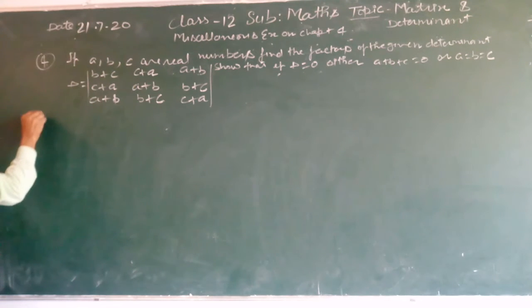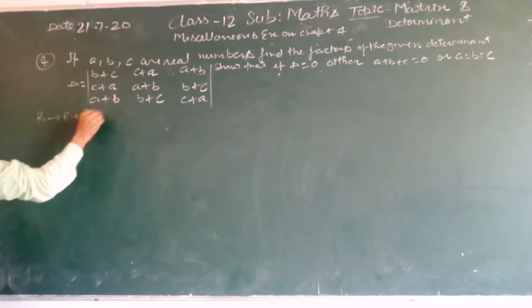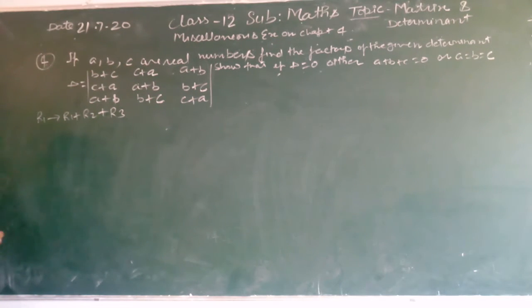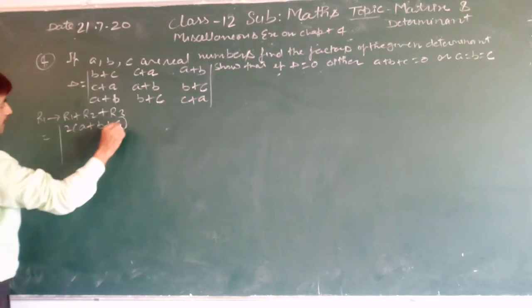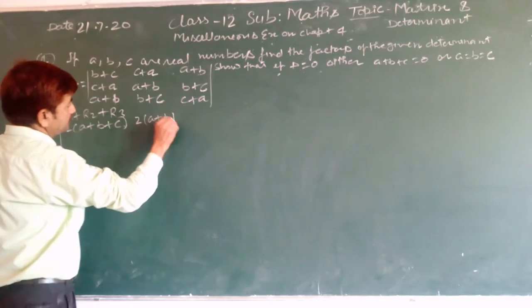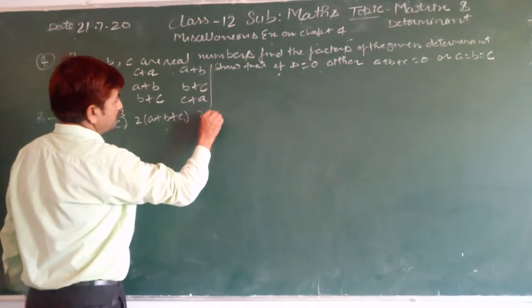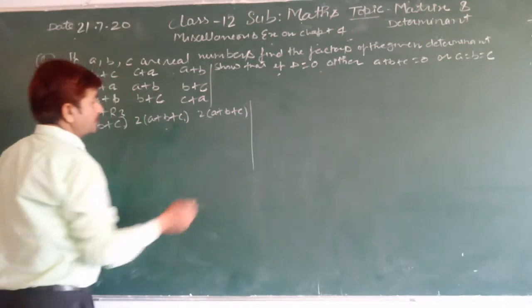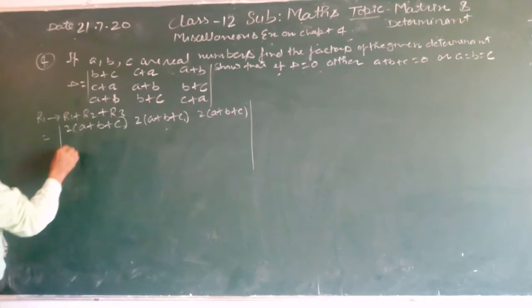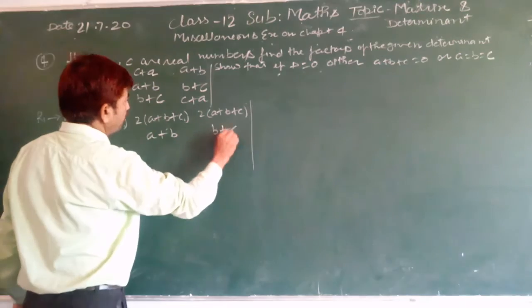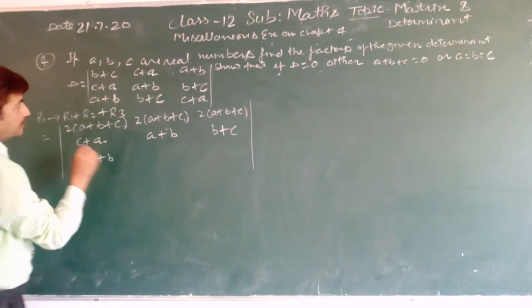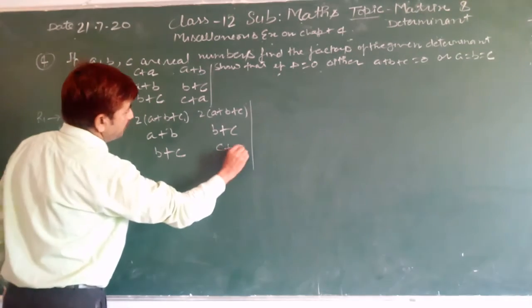On operating R1 goes to R1 plus R2 plus R3, adding corresponding elements of the first, second, and third rows and writing them in place of the first row, it is equal to twice A plus B plus C, twice A plus B plus C, twice A plus B plus C. The elements of the second row are unchanged.